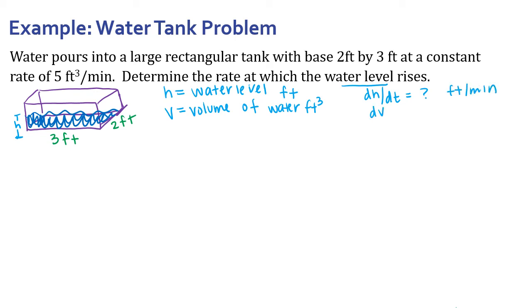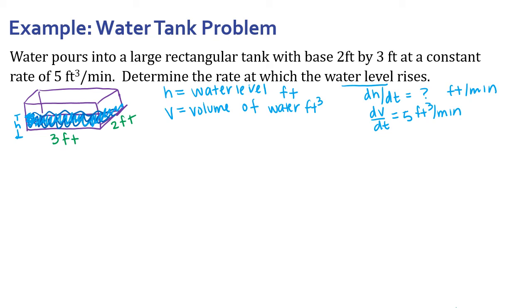And I know dV dt is 5 feet cubed per minute. Okay, so again, I'm solving for that. I'm trying to figure out how fast this water's height is increasing over time. Okay, so I'm solving for that dH dt.